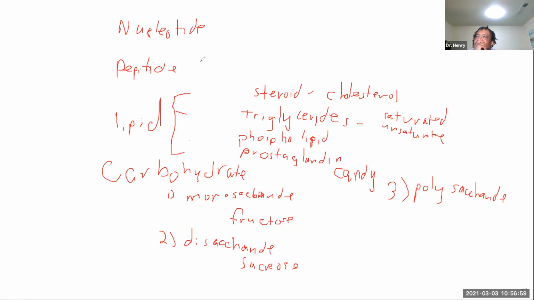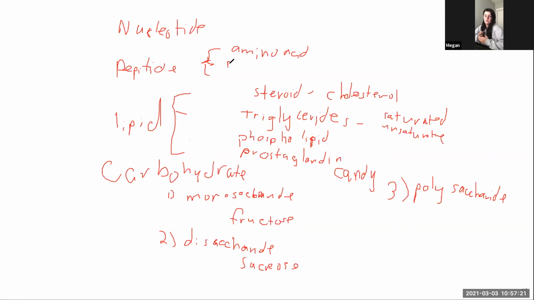Peptides. So who falls under here? The aminos. Amino acids. So that's our building blocks. And then if we put amino acids together, then they form what? Proteins. They form our peptides, and then they form proteins or polypeptides that are proteins.